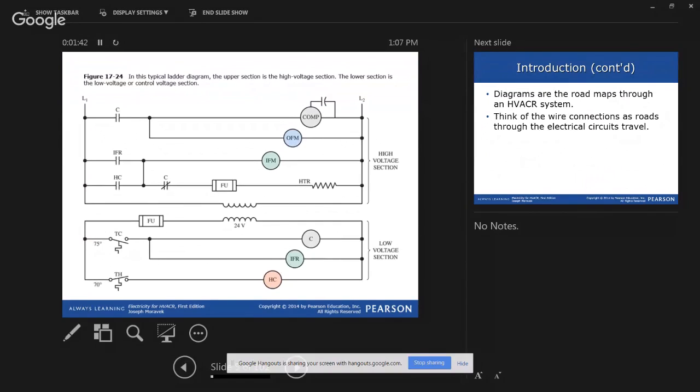In this typical ladder diagram, the upper section is the high voltage section, and the lower is the low voltage section. We see this symbol right here. What do we suppose this is? Absolutely. What's the voltage on the primary side, do we think?